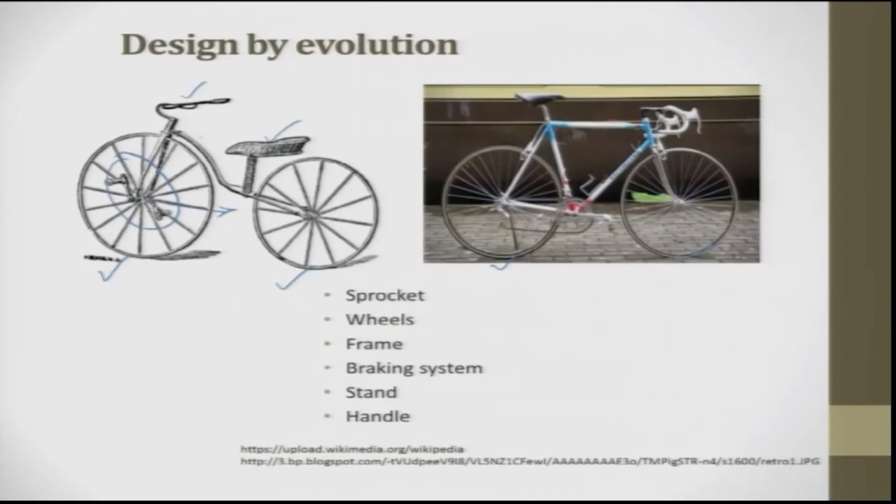Why? Because people had difficulty pedaling it, it was ergonomically not friendly, and they had to apply a lot of load. So over a period of time this changed and the crank got shifted here, and then we had a chain and sprocket mechanism which improved the efficiency of the bicycle.